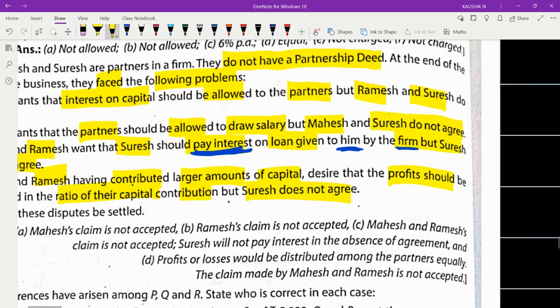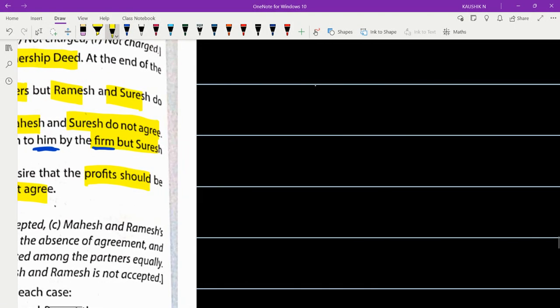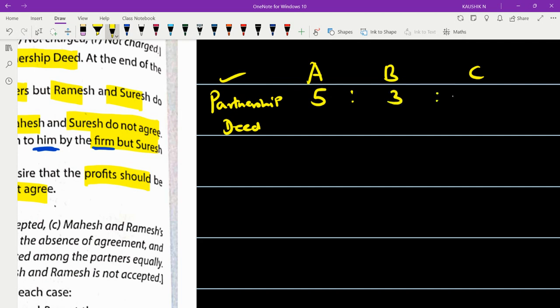Now there are three partners, say for example A, B, C. If they are maintaining a partnership deed, and in the deed it is mentioned that A, B, C's ratio is going to be 5 is to 3 is to 2, then this is called agreed ratio.